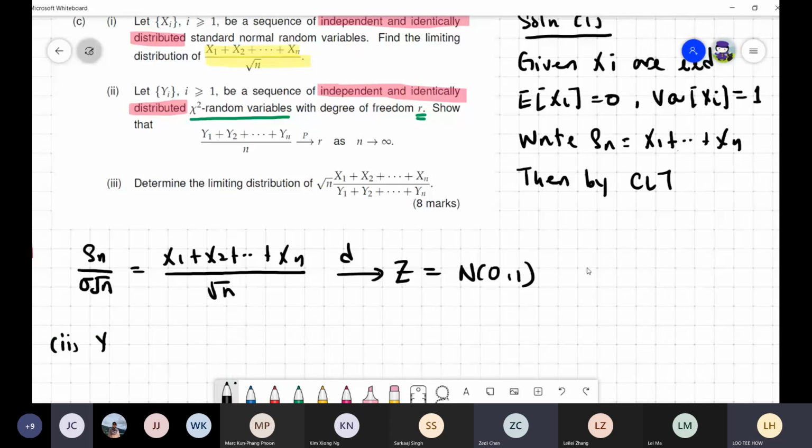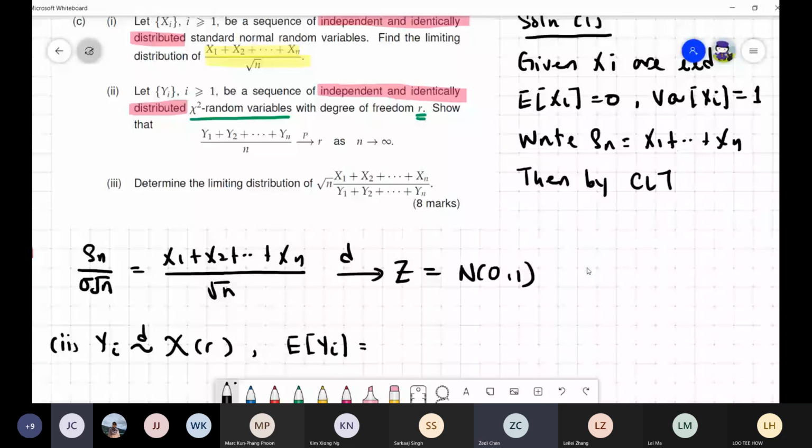So in part 2, all the Yi have a chi-square distribution. In this case, the mean for the chi-square distribution will be r.